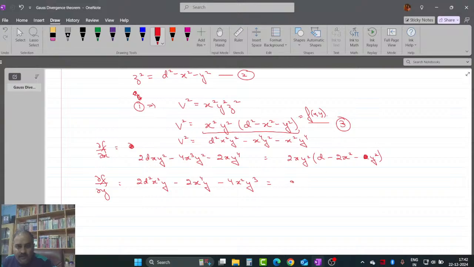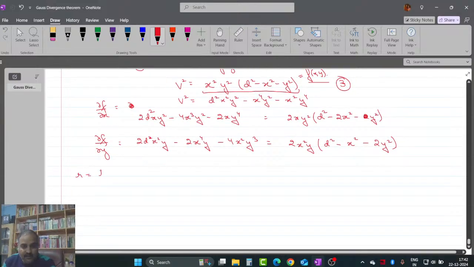And from the other one, if I take 2x square y common, it will be d square minus x square minus 2y square. So these are the two values. I need to solve these two equations.